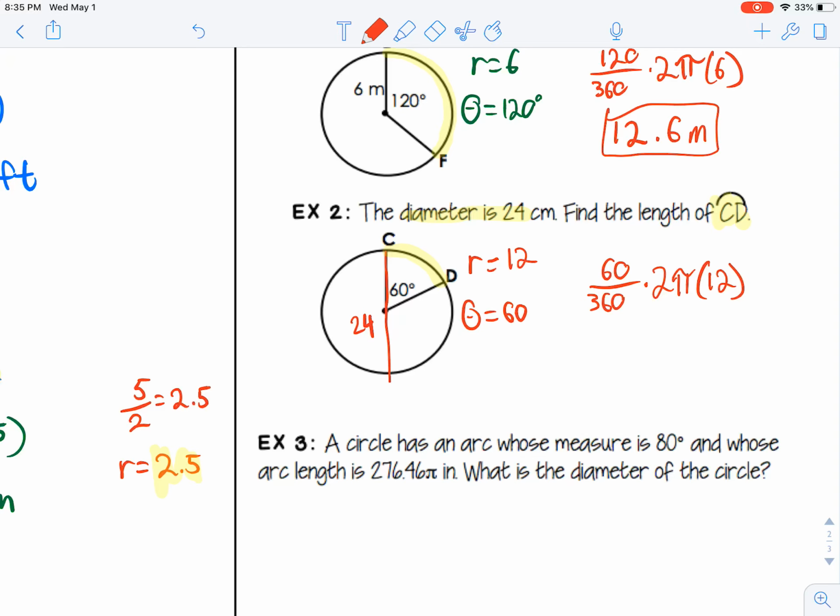Okay, so now what we can do is type this whole thing into our calculator. 60 over 360 times 2 times pi times 12, which should give us 12.56, which rounds to 6, and we measured this in centimeters.